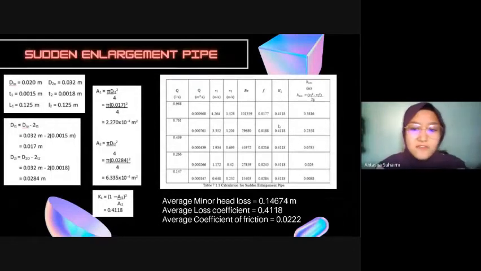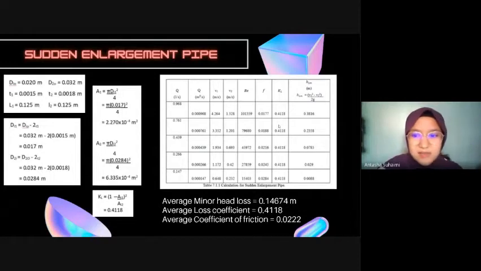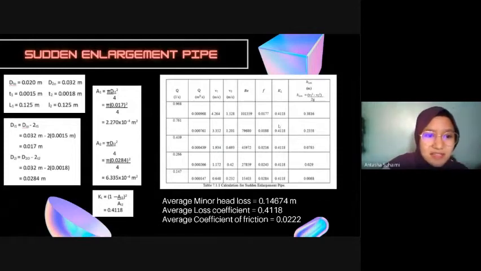First thing first, to calculate the Reynolds number, we have to know the kinematic viscosity, which is 7.1516 times 10 to the power of negative 7 meters squared per second for the temperature of 36 degrees Celsius. So for the sudden enlargement pipe, the outer diameter given is 0.020 meter and the second outer diameter is 0.032 meter.